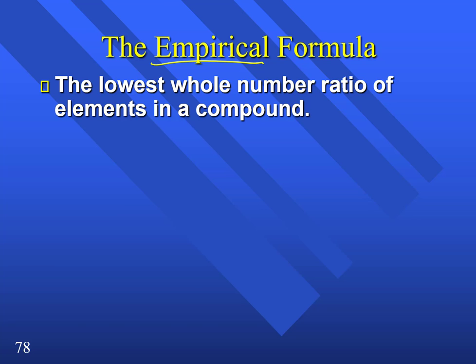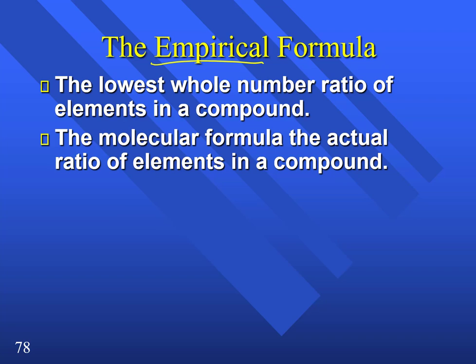Now, compare that to the molecular formula, which is what the real molecule looks like. Empirical formula is the lowest ratio. The real formula is the molecular formula. Now, for ionic compounds, we always do the lowest ratio.